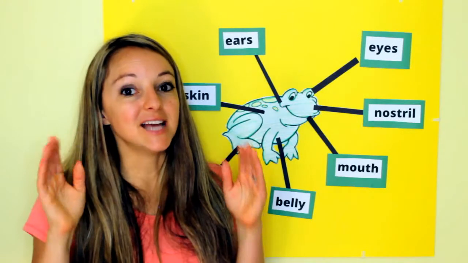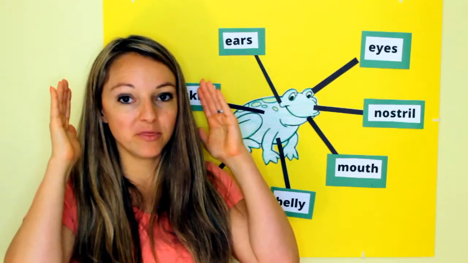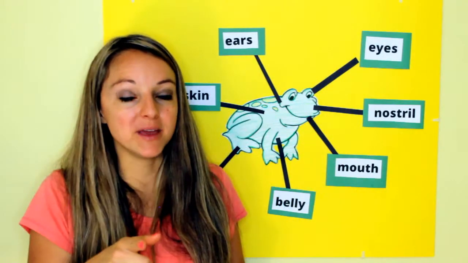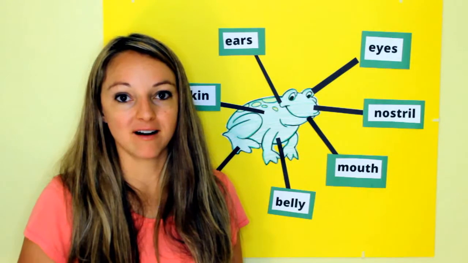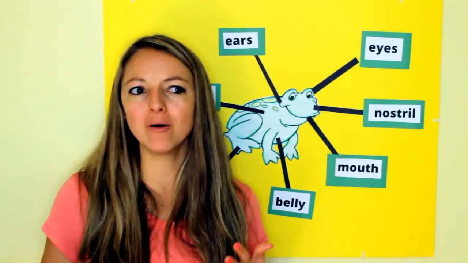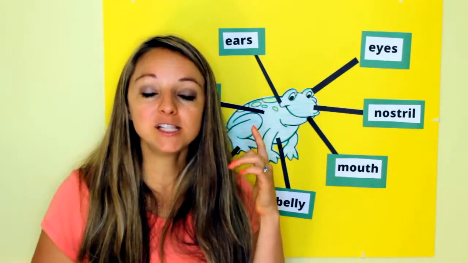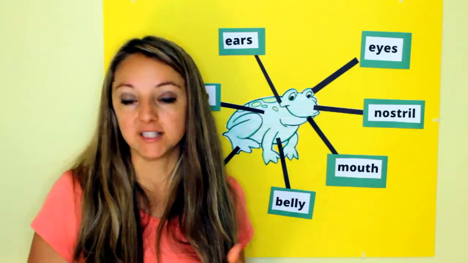Also, the size and the distance between each of them on their head determines how loud they are. Some frogs can be so loud, you wonder how it doesn't hurt them. Well, that's because it vibrates down to their lungs and helps protect them.